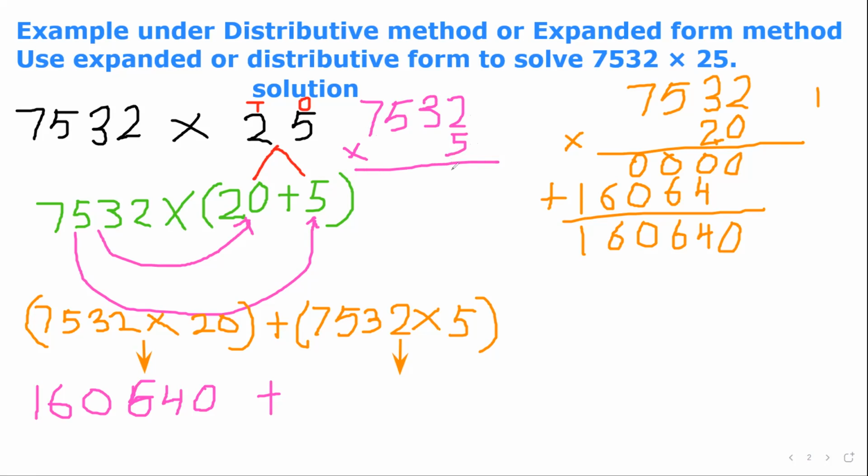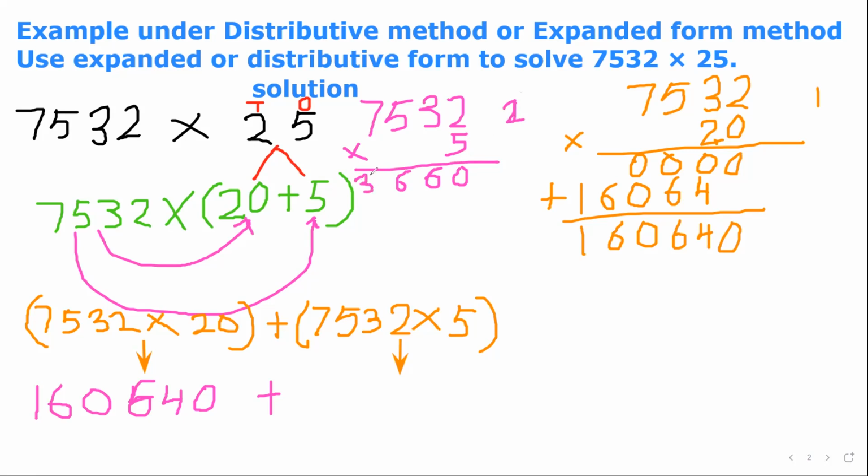5 times 2 is 10, 0, remainder 1. 5 times 3, 15, plus 1, making it 16, 6, remainder 1. Remainder 1 here. 5 times 5, 25, plus 1, that is 26. That is 6, remainder 2. 5 times 7, 35, plus 2, 37.